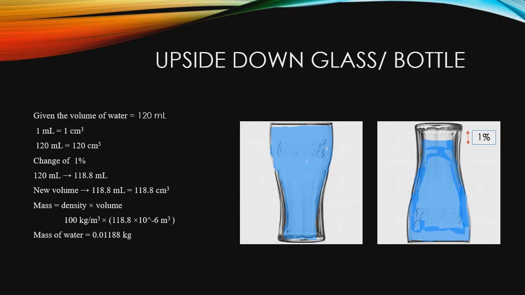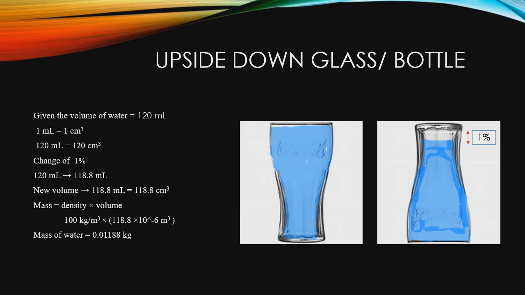After we turn the glass upside down, there is an air gap, 1% air gap. From that, we can know how much water is left after the flip of the glass. 1% times 120 gives 1.2 milliliter.